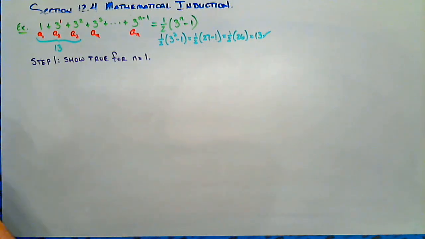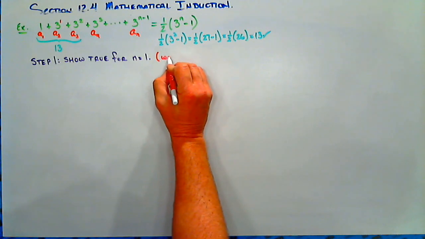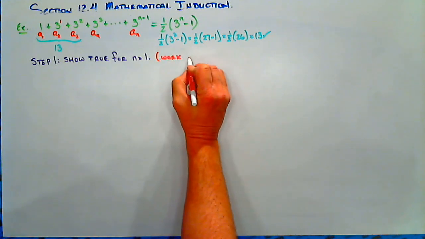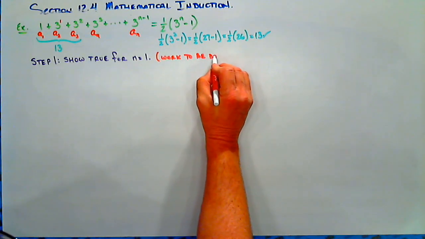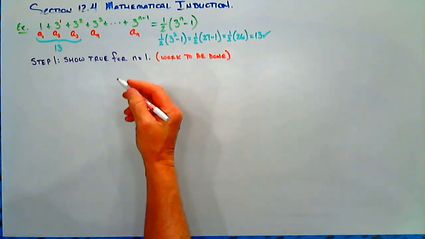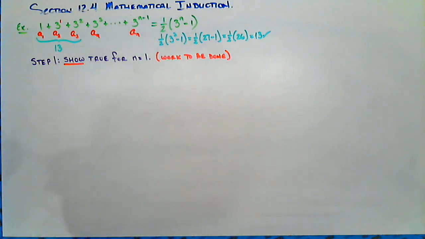So remember, this is a work step. We have work to be done. Doesn't hurt to write that in when you're doing the problem. Why? Because show is an action verb, so we have work to be done.